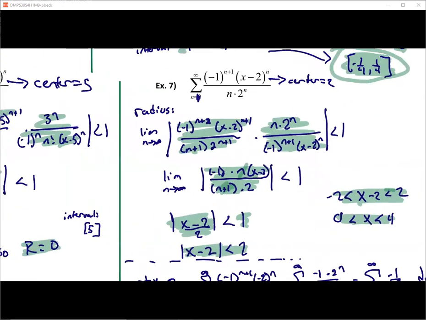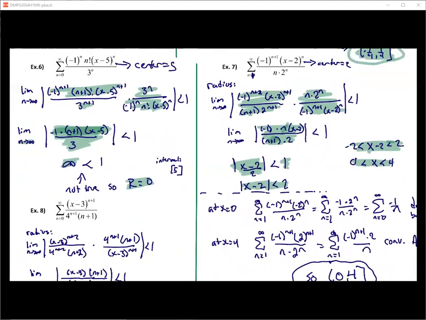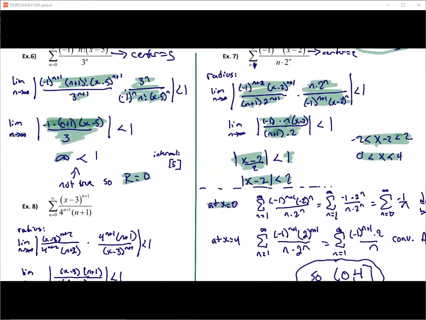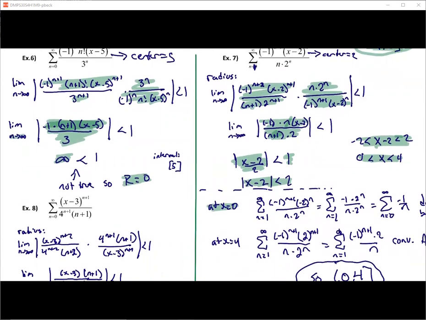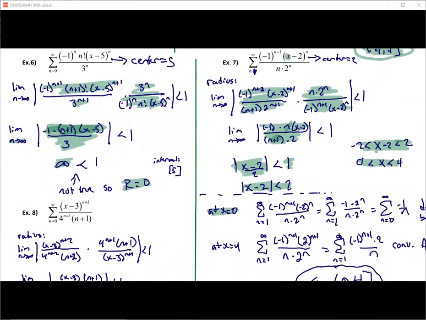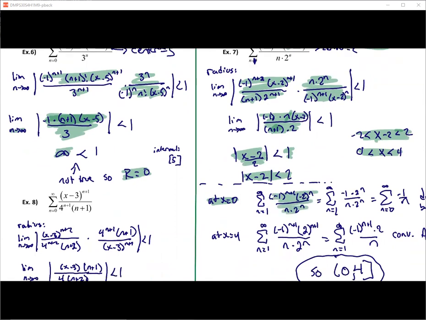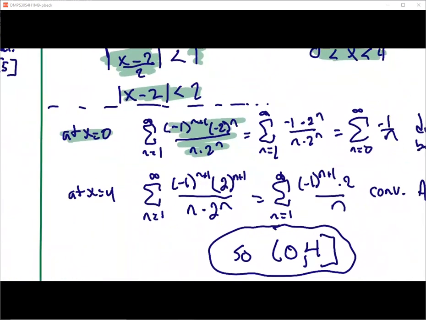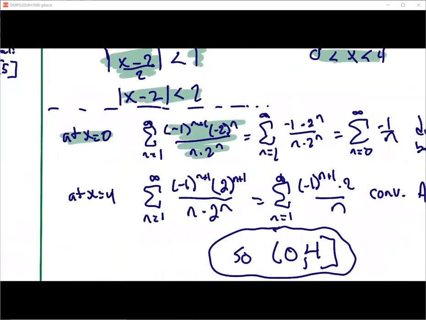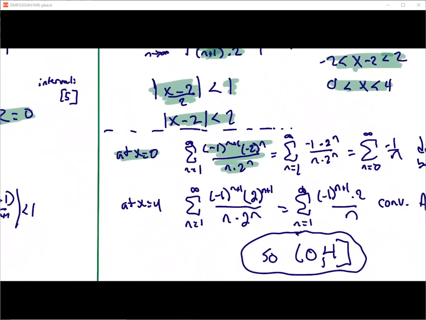Now the question is, what's happening at x equals 0 and what's happening at x equals 4? So at x equals 0, once again, I plug in 0 for x in the original series, and I get this expression, which, I'm zooming in here, reduces to negative 1 over n.